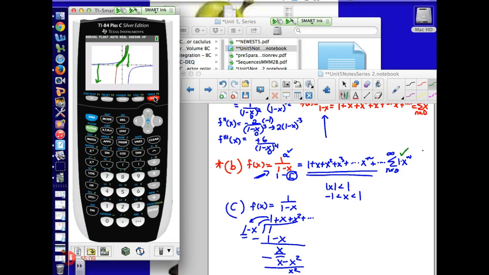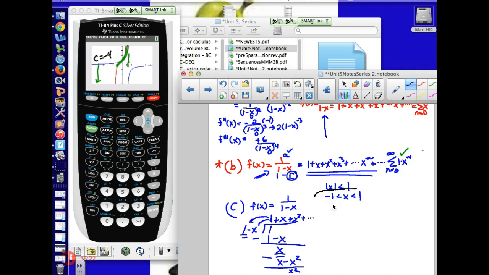But if I wanted to improve it, all I would have to do is do the same problem, but center it at -4. That's the importance of that center. I centered it at 0, and within 1 unit of 0, I've got a perfect fit. Again, this fit of the red to the blue isn't quite perfect because I didn't go to infinity.